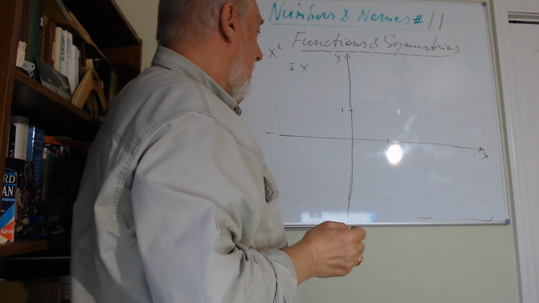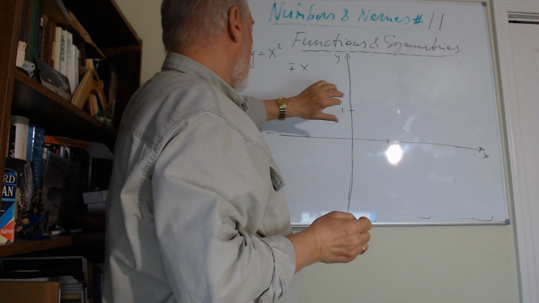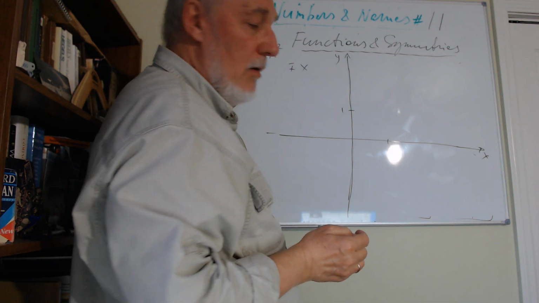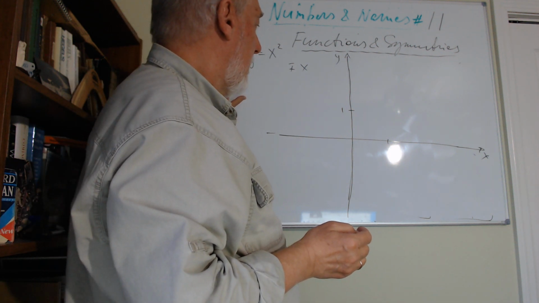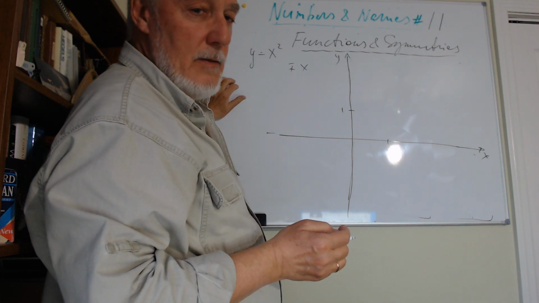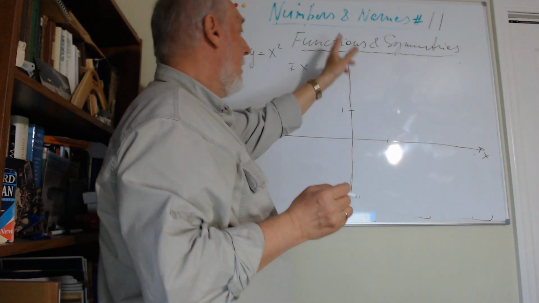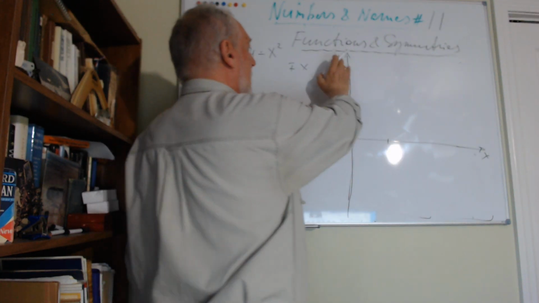And what can we say about the symmetry of this thing? Rotation? Okay, rotation. Reflection. Reflection against what? It's along the y-axis. I'm not sure about the term, but I think it's against the y-axis.